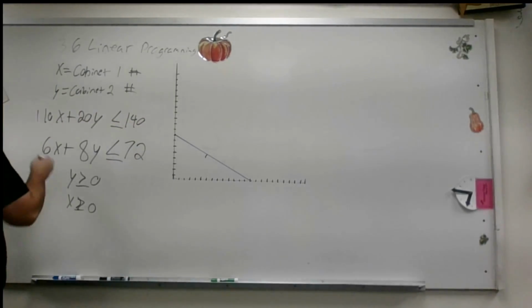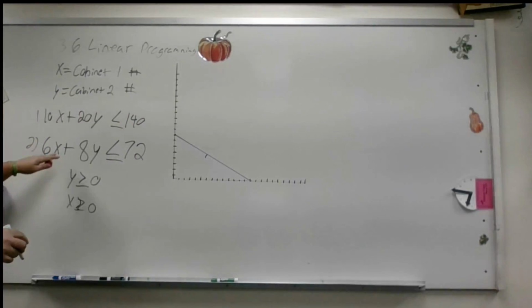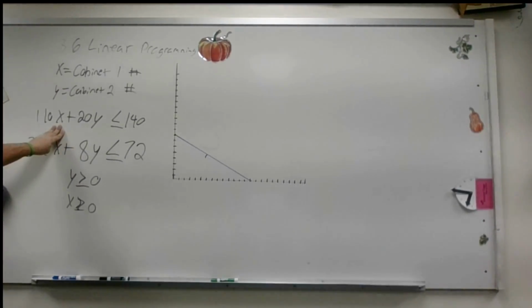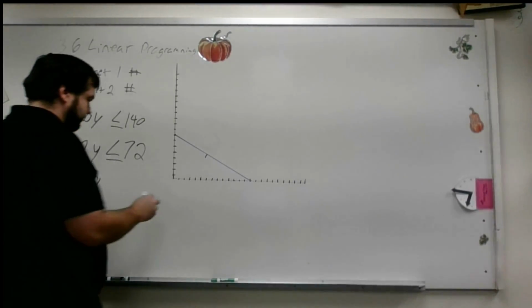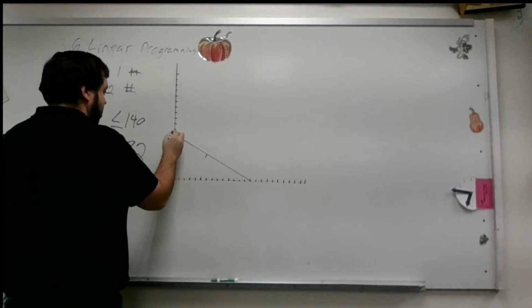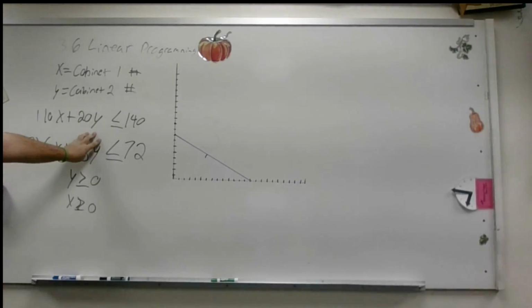Now, I'll do the second one in red. Same thing, going to use the intercept method, right? Let's find y. Cover up x. I get 8y is equal to 72. So it's 9, right? Cover up y. I get 6x less than or equal to 72.